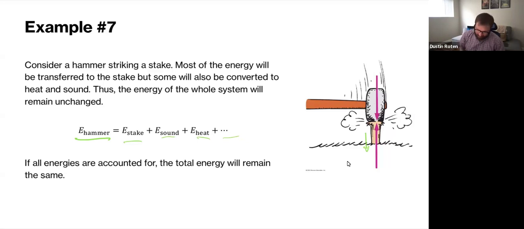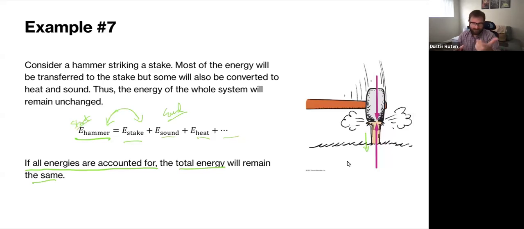The idea here is that if all energies are accounted for, then the total energy will remain the same. So whatever you started with, all the energy of the hammer, if you could account for everything, you would end with the exact same number. The point here is sometimes there are so many tiny little energy losses that you can't keep up with all of them.